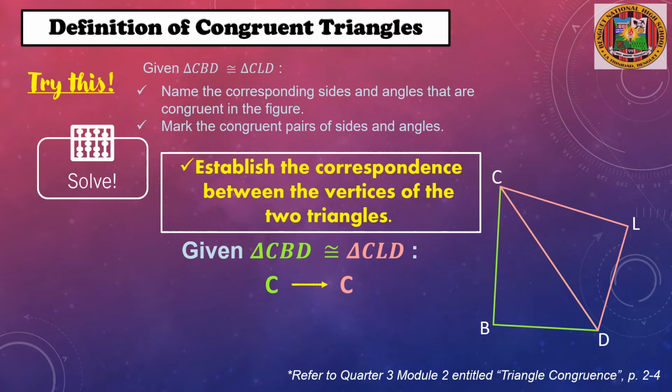Following that pattern, vertex B in triangle CBD is paired with vertex L in triangle CLD, while vertex D in triangle CBD is paired with vertex D in triangle CLD.